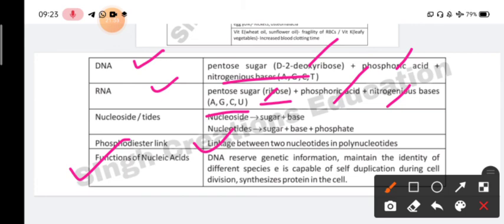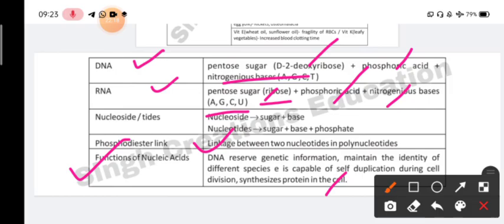So adenine, guanine, cytosine, and uracil are there. So mainly two differences: RNA has a different nitrogen base, that is uracil, while in DNA it is thymine, and both have pentose, but the sugar for DNA is deoxyribose and for RNA it is ribose.